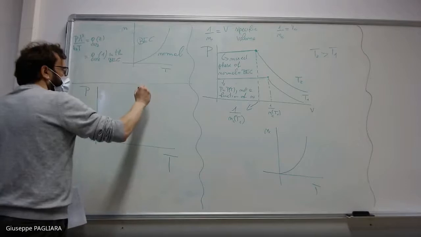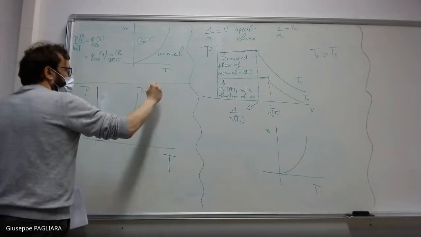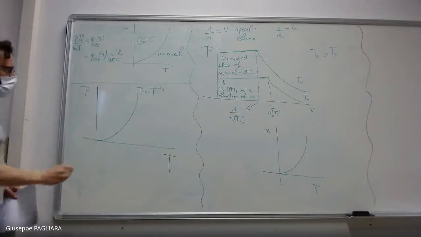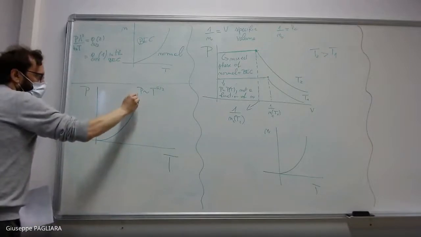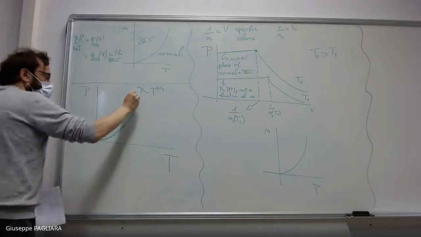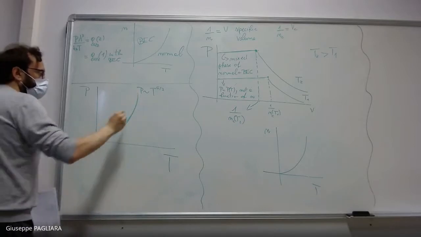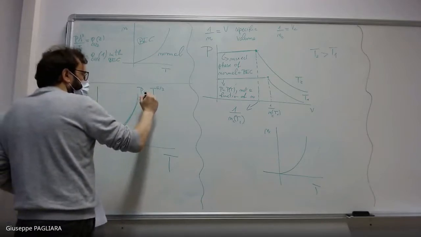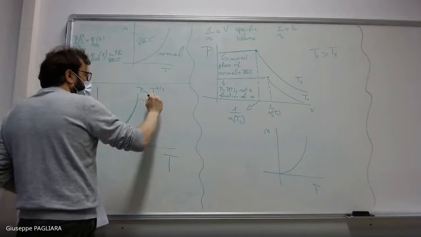So P scales as T to the power of 5/2. And actually, in this plot, the condensate is just this line here. Okay? It's just a line. So the points of this line correspond to the condensate.